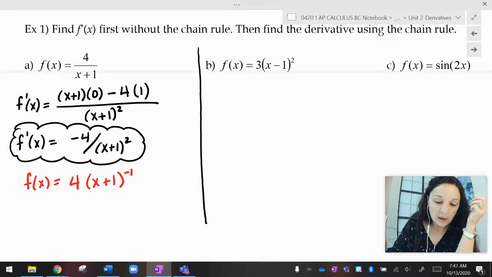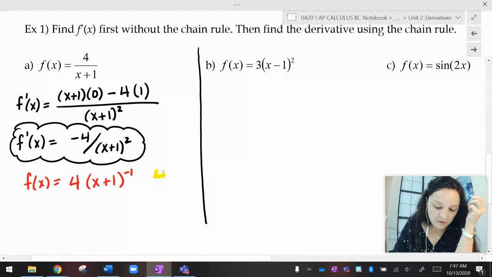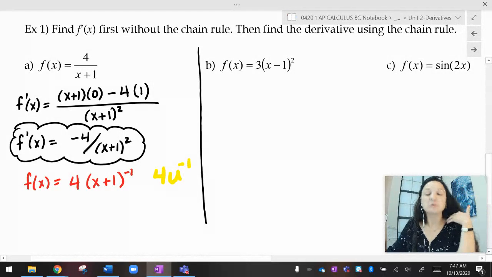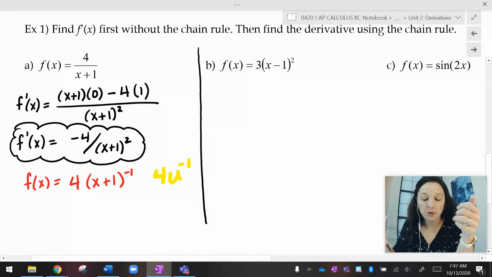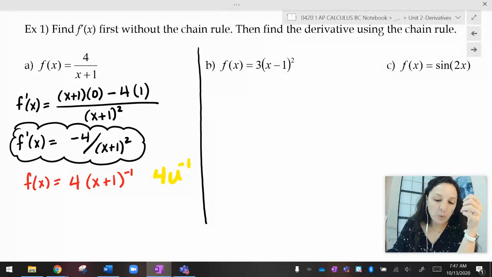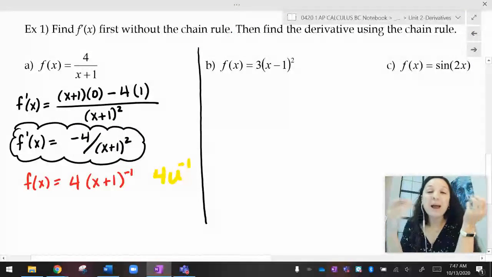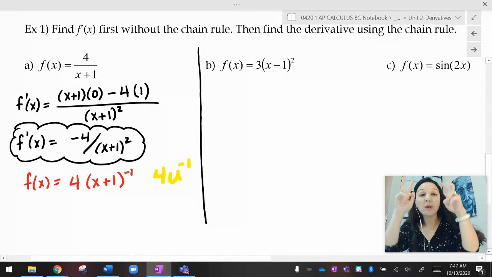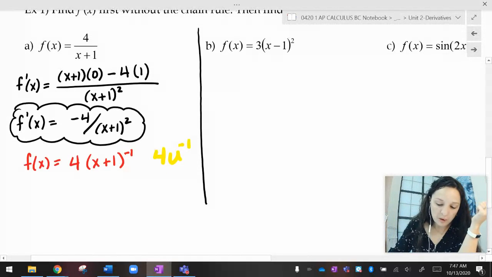Honestly, I'm going to write it in yellow because I really don't want you to write this. But really, the way I'm going to think about it is that my outside function is to the negative 1, and my inside function is x plus 1.